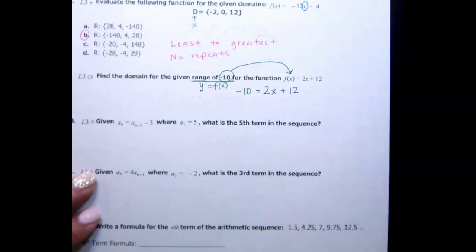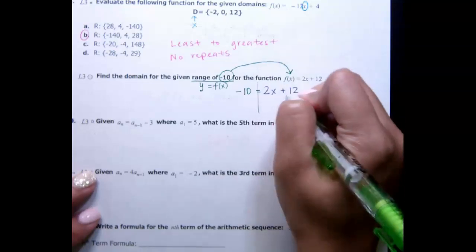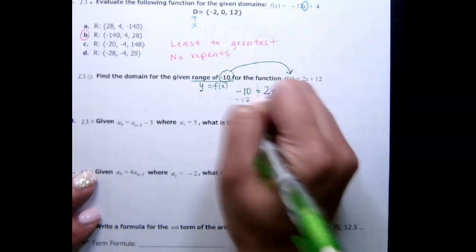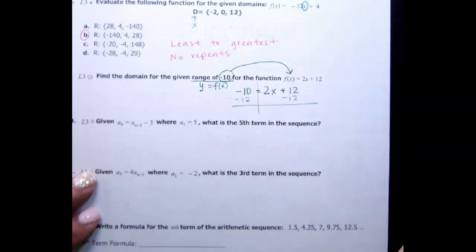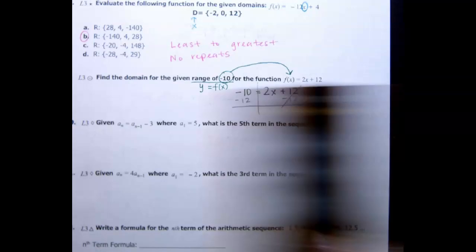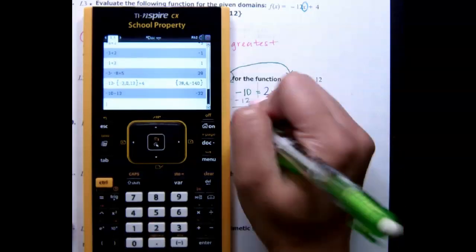Well, the way I do that, I need to solve for x, right? So I need to subtract 12 on both sides. These cancel out. Negative 10 minus 12. Again, even if you think you know, please use your calculator and double check. Negative 10 minus 12 equals negative 22.